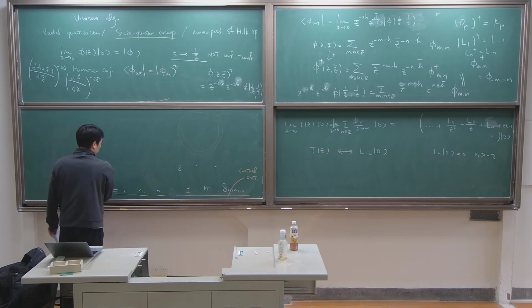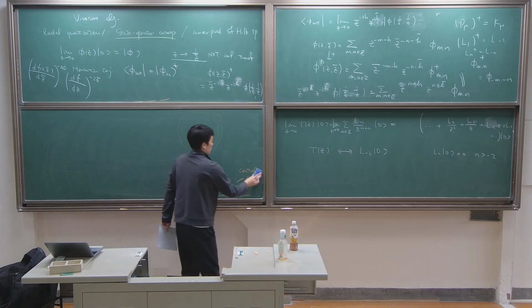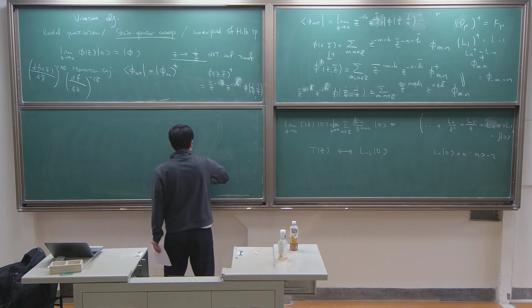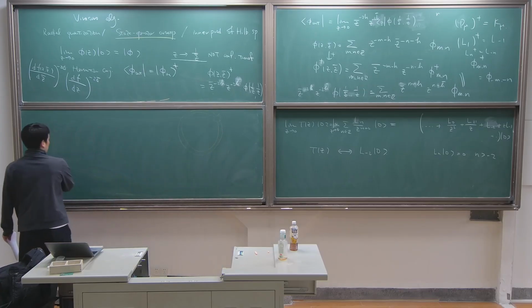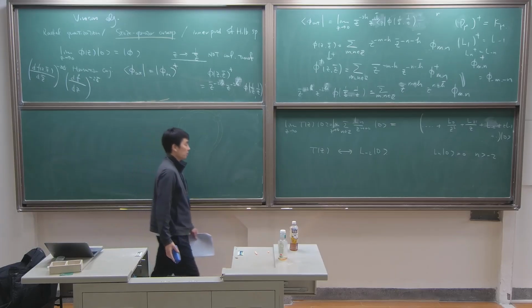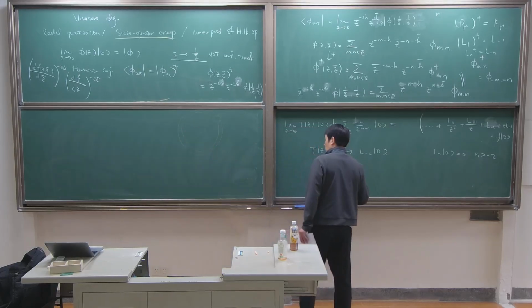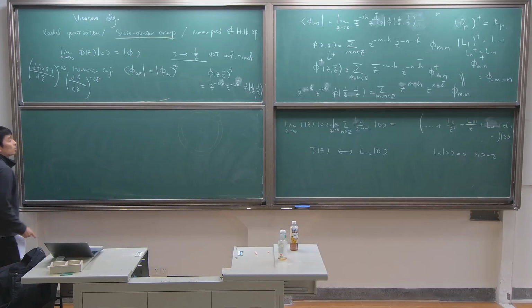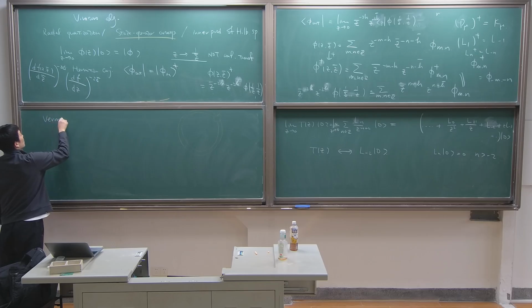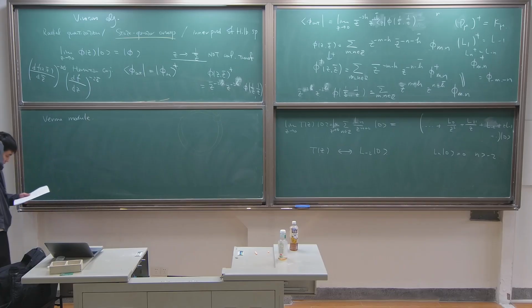Using this Virasoro algebra, one can construct a representation of the Virasoro algebra. One can construct the Hilbert space of the 2D CFT, some basis. So that's called the Verma module.